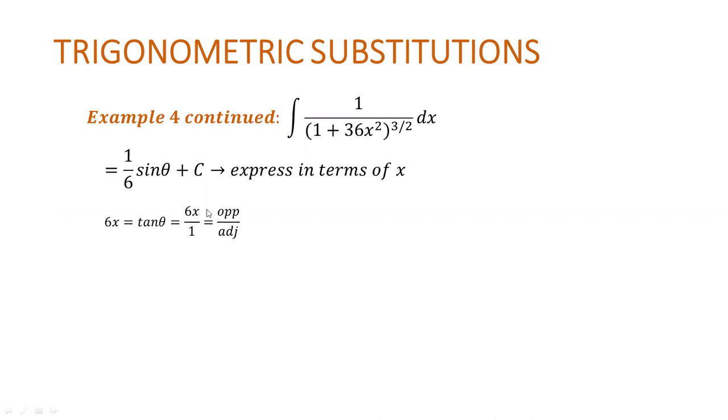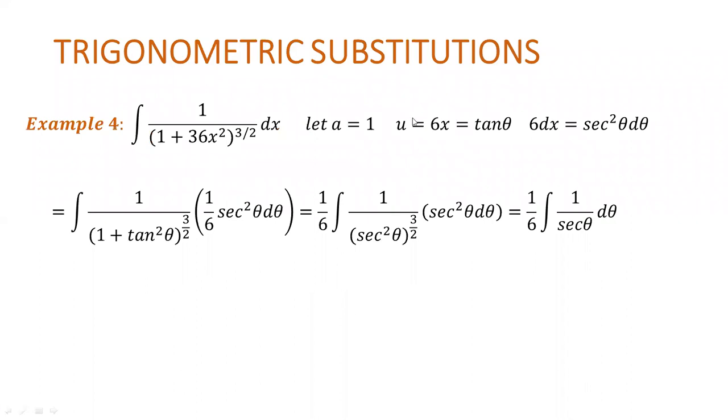So your opposite is 6x, and your adjacent is 1. Whenever you have a constant plus a function that is being squared, u equals the square root of the function set to the tangent of theta. This is where 6x equal to tangent theta came from.